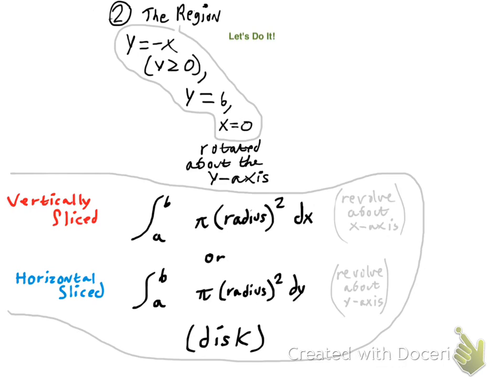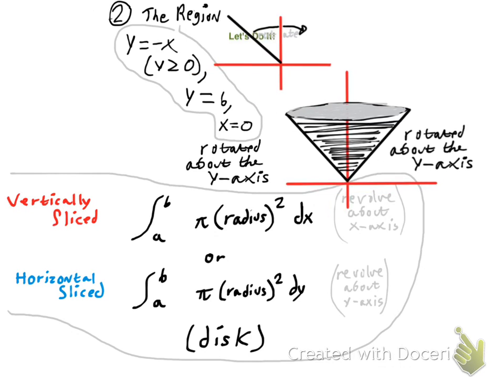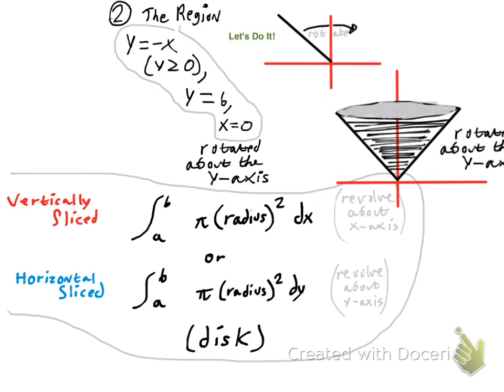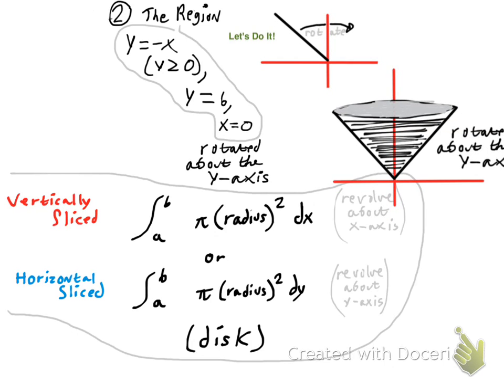Okay, first of all, let's graph this. My graph looks like this. Yes, I had graphed it in advance, and now I'm just copying and pasting it. But that is what my graph looks like.